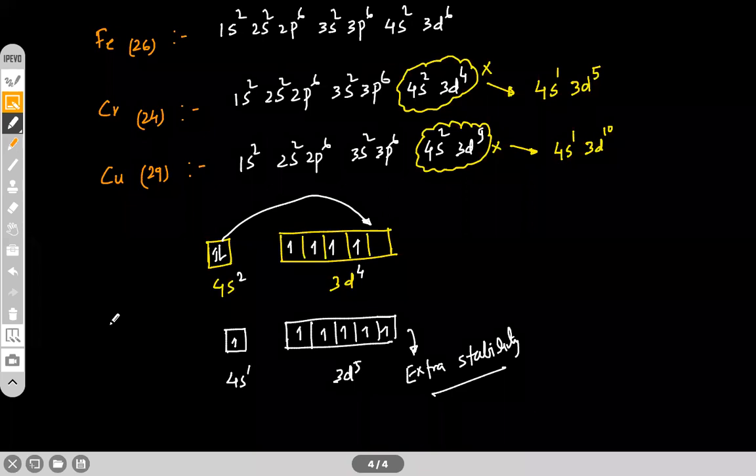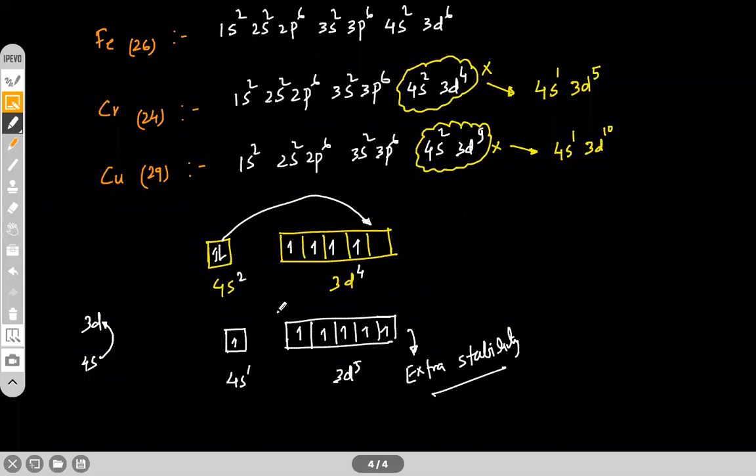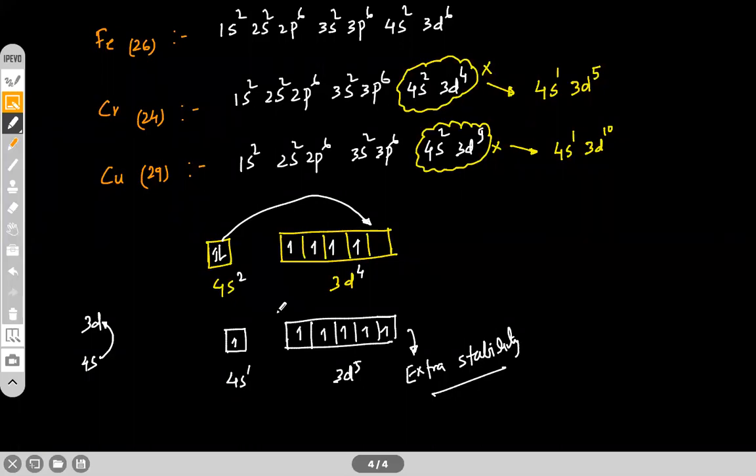That's fine. But the energy gap between 4s and 3d is not that high. That's why from 4s, the electron shifts into the 3d subshell if overall it is getting more stability. So if this happens, overall the stability of the atom increases, and that is why it is happening.